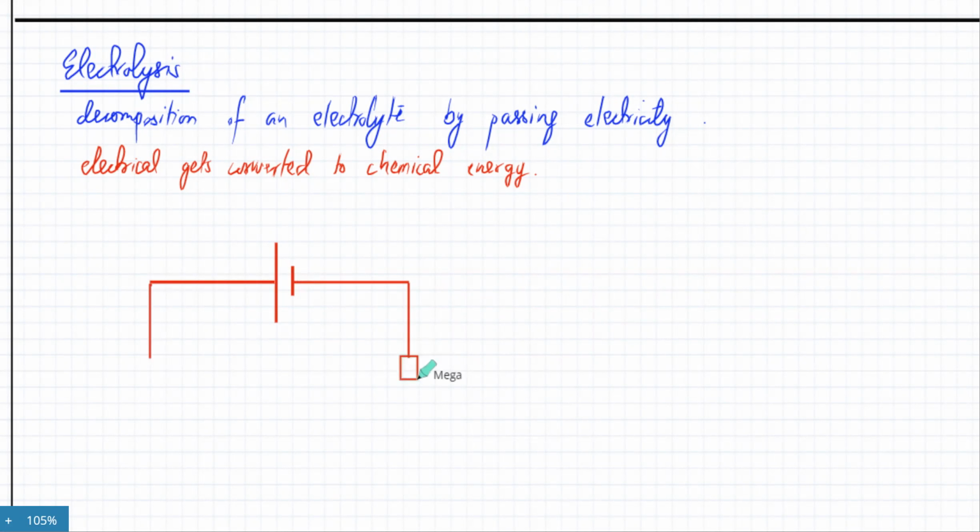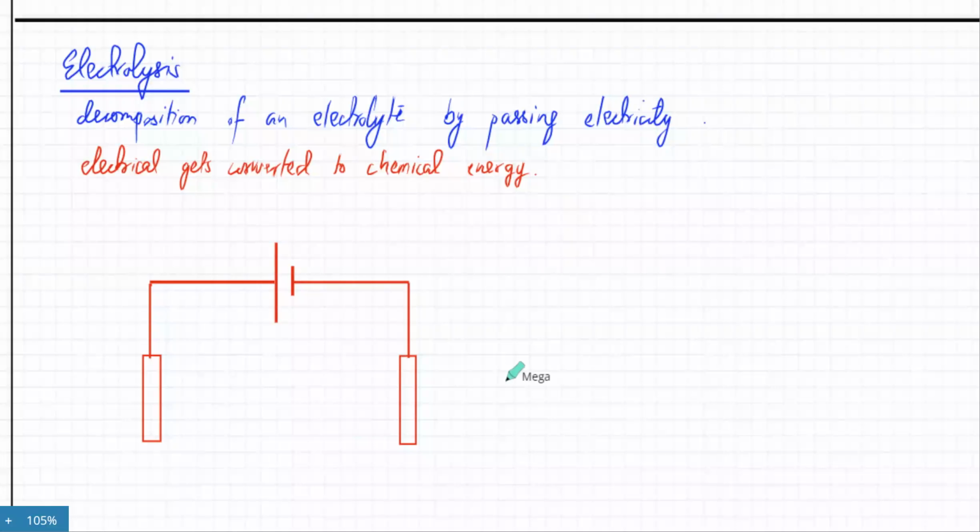These two electrodes, let's assume at the moment they're inert electrodes, which means they're probably made out of platinum.